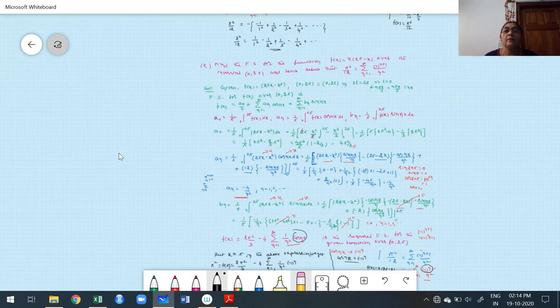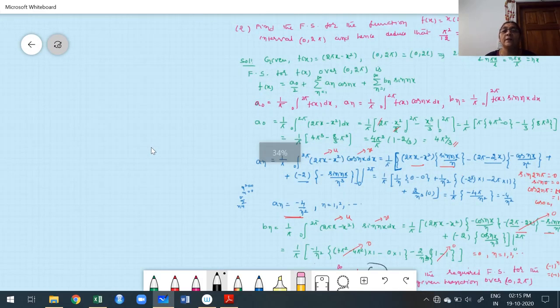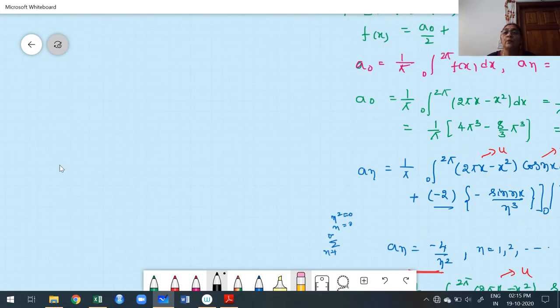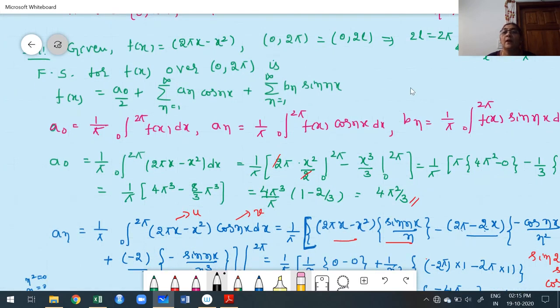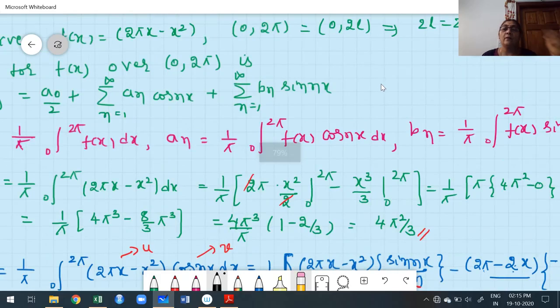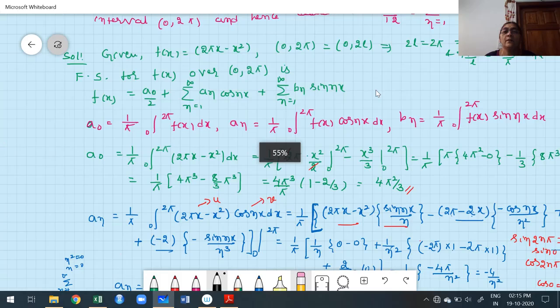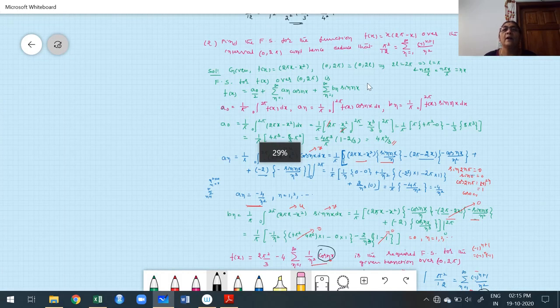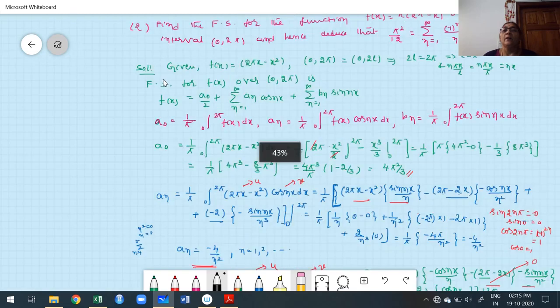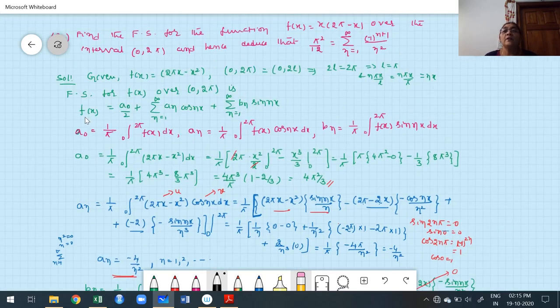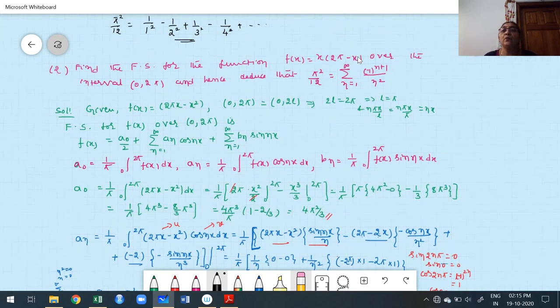Now again I'm going to recall the steps I have to follow. Suppose the function is in the form of 0 to 2 pi. Now in the Fourier series, I have to expand the function x into 2 pi minus x over the interval 0 to 2 pi.